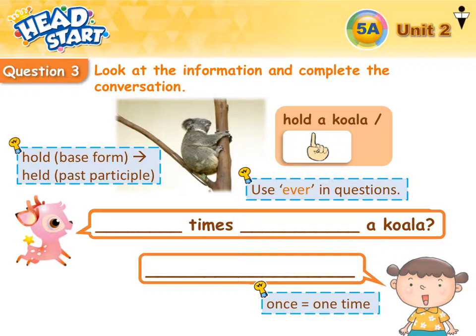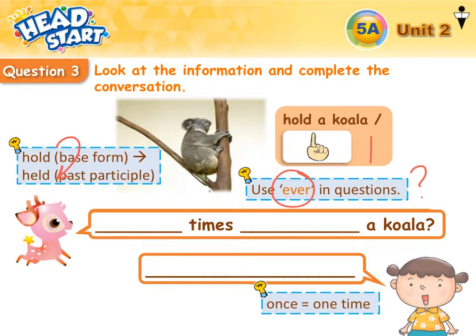Question 3. Look at the information and complete the conversation. Oh, here is a cute koala. Hold a koala with one finger here. Oh, and tip number 1. Use ever in questions. Remember that? In questions. And then tip number 2 here. The past participle of hold is held.